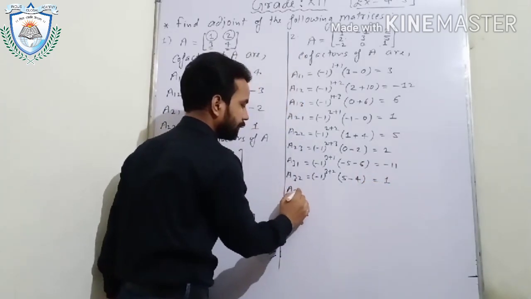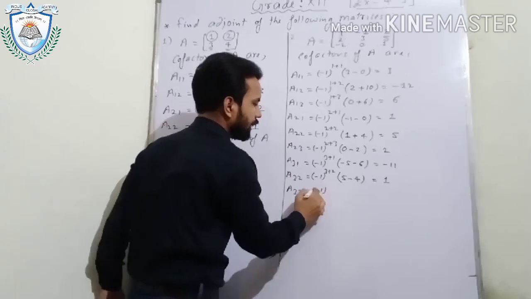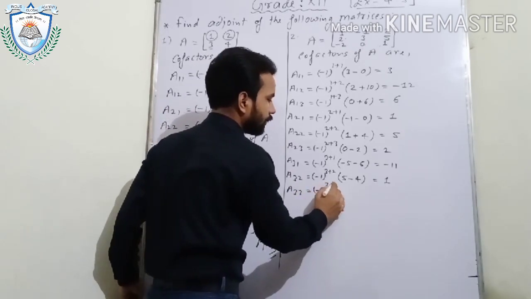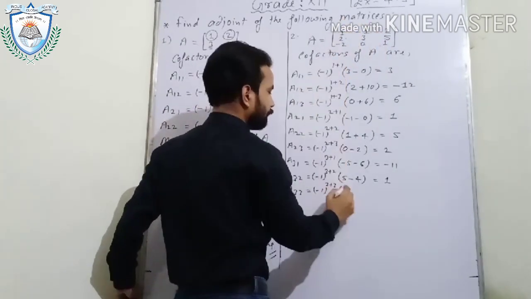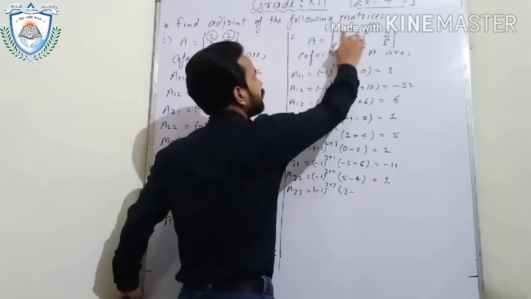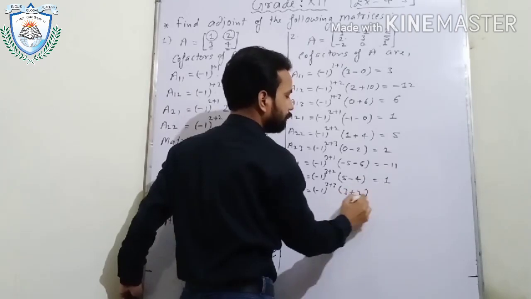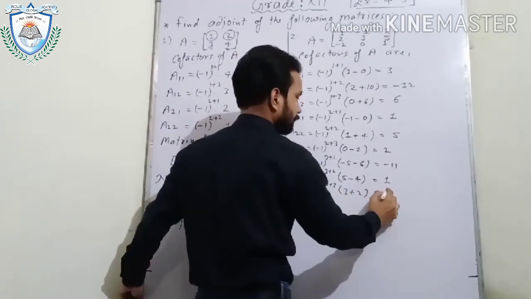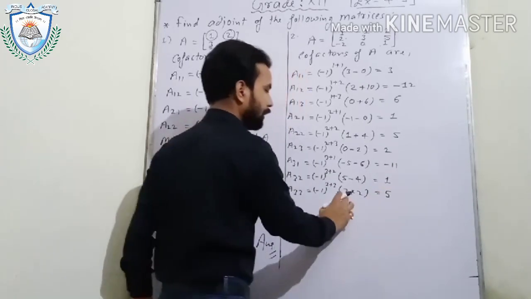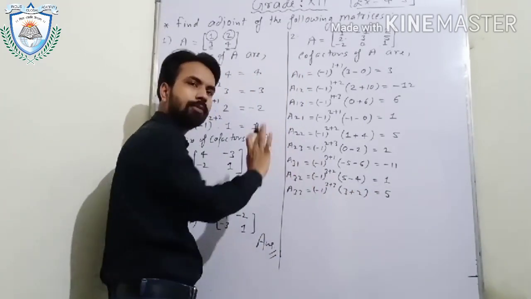Now A33, that is minus 1 to the power 3 plus 3. Third row, third column. 3 ones are 3, minus 2, so it will be plus 2. That is positive 1 into 5, 3 plus 2 is 5. 5 into positive 1, that is 5.